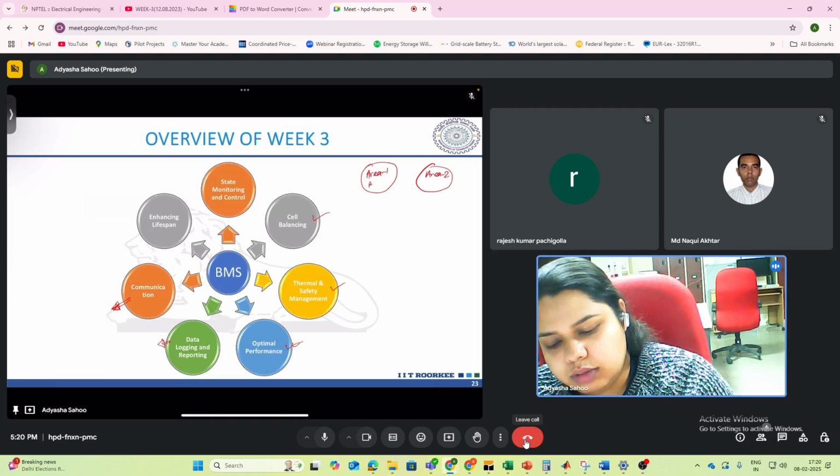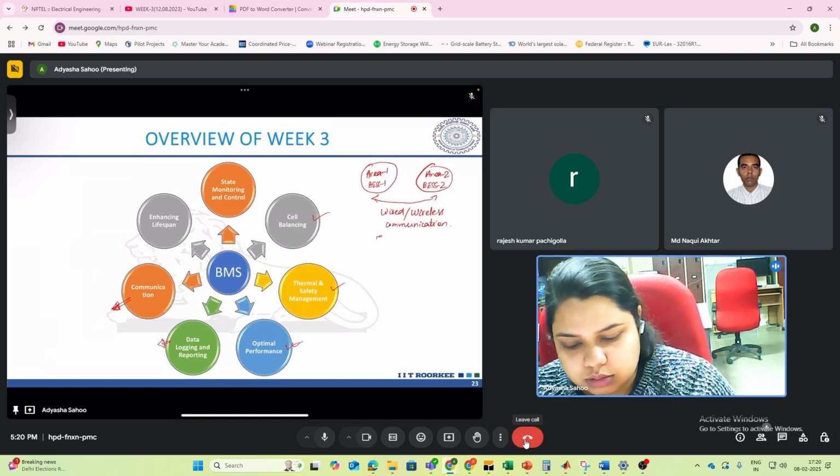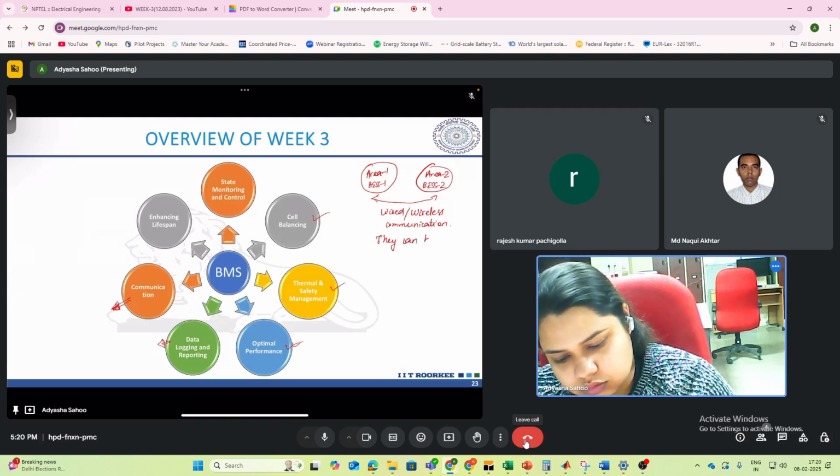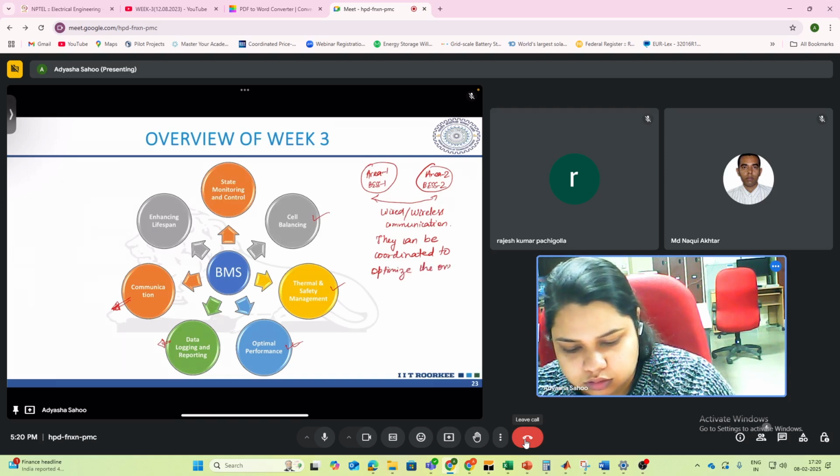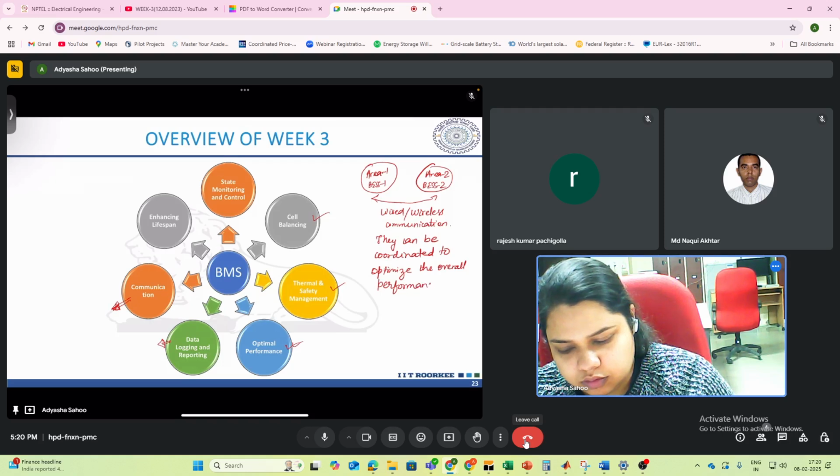You have a base installed here, base one, base two, so they can connect either through wired or wireless, depending upon their distance. Communication to optimize the operation in both the areas, so they can be coordinated to optimize the overall performance of the system.